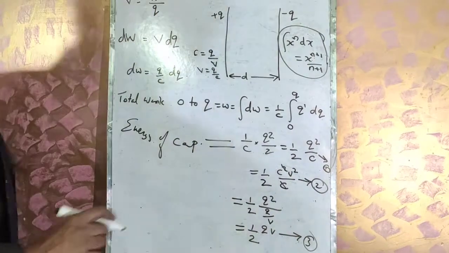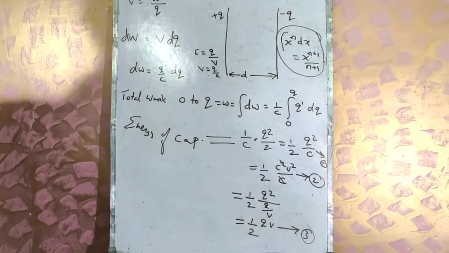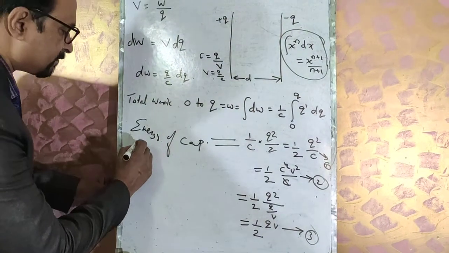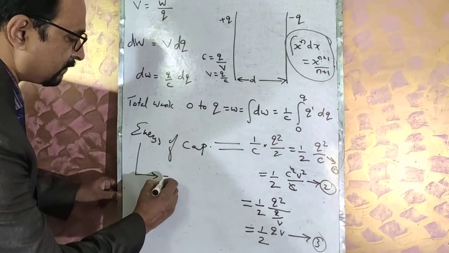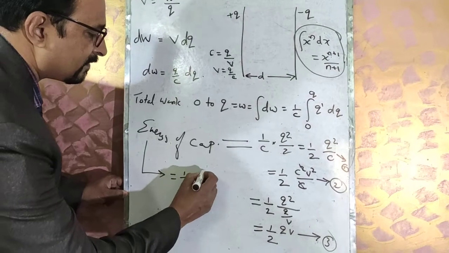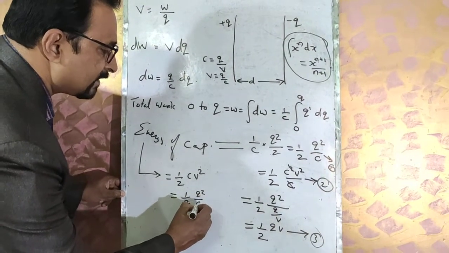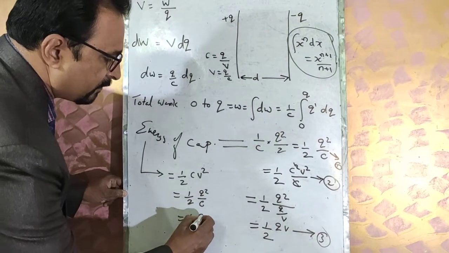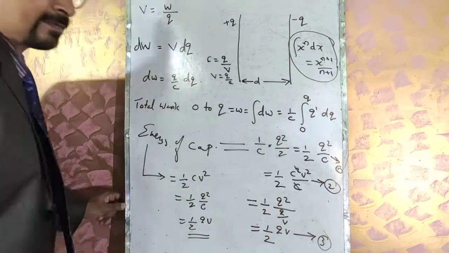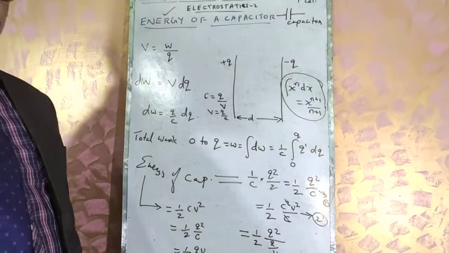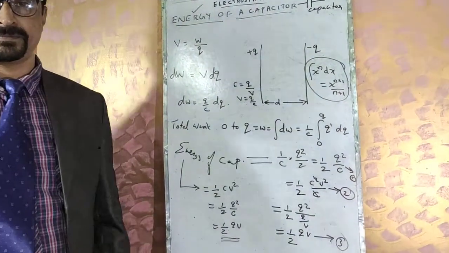So you got 3 expressions for energy of the capacitor. Energy is equal to half CV square, is equal to half q square by C, is equal to half qV. These are the 3 expressions for energy of the capacitor.